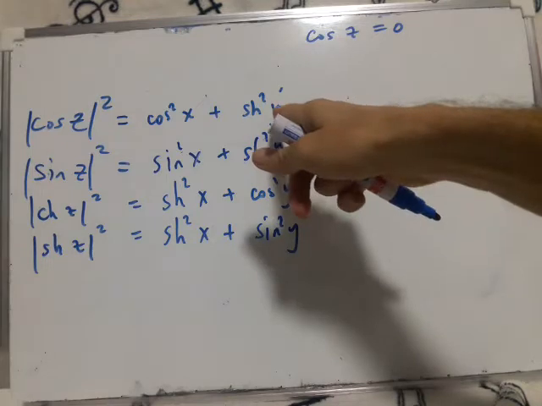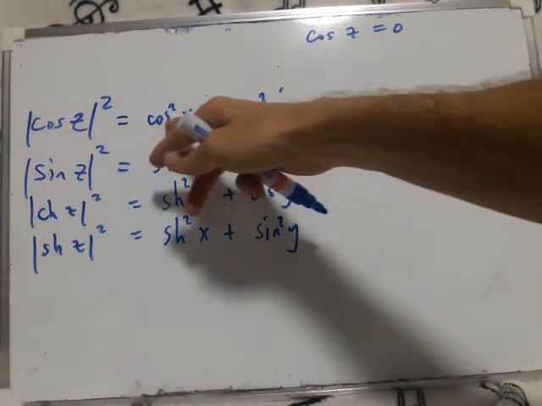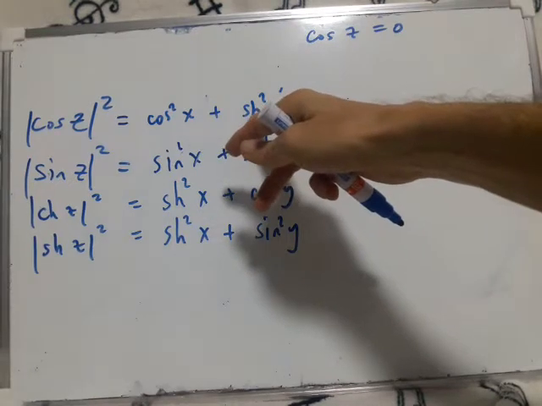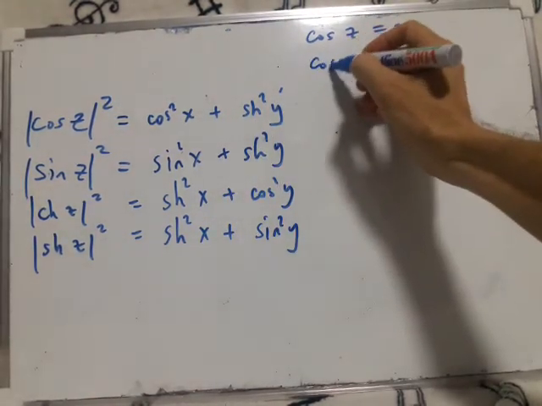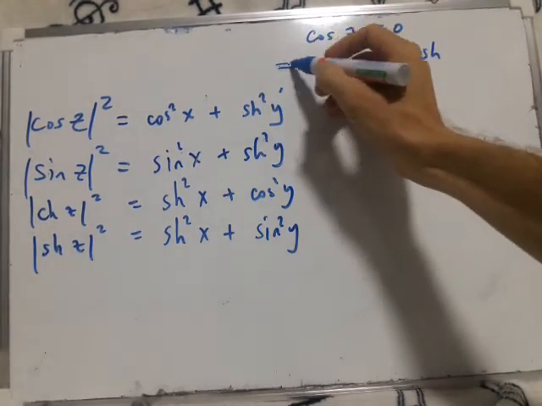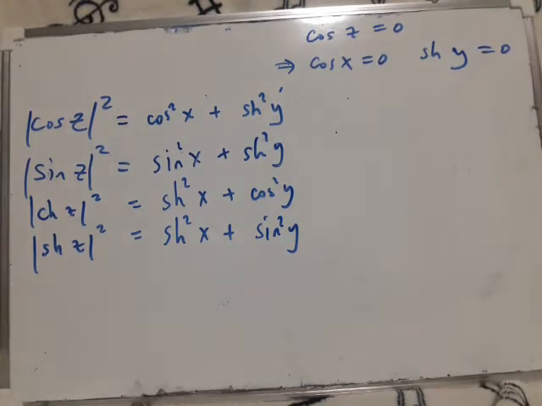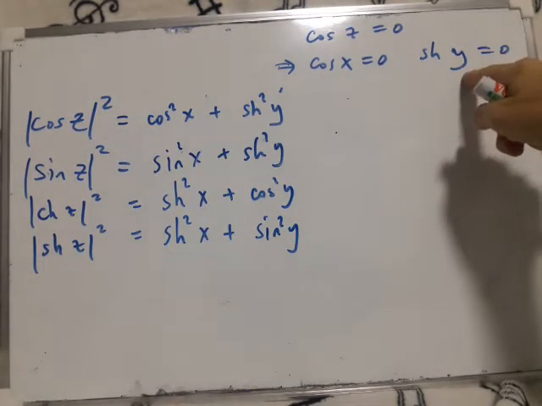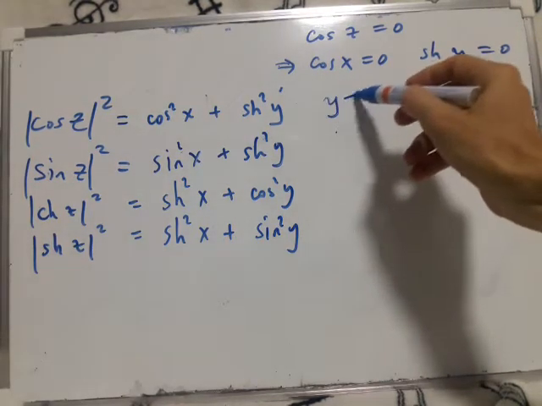Remember, x and y are real, so these have to be both non-negative. So this implies that cos x is 0 and sinh y is 0. Sinh y equals 0 has only one solution, which is y equals 0.